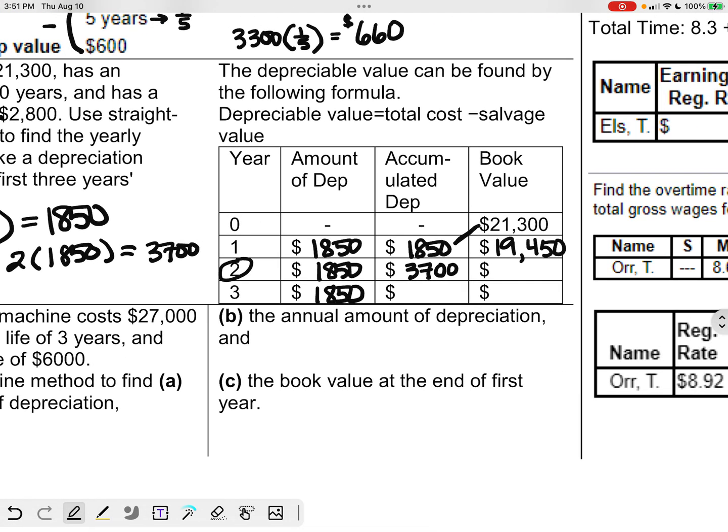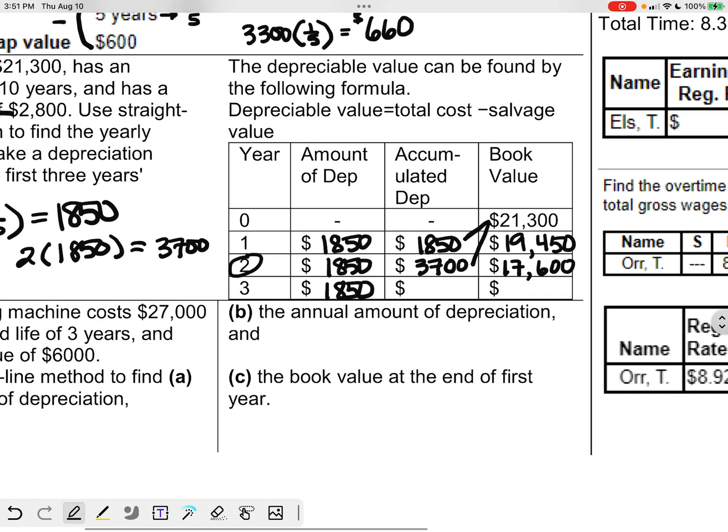And one more time, you're going to subtract. Whenever you subtract away that 3,700, you're at 17,600. Now, to be clear, make sure you subtracted correctly. You did the 21 minus the 3. Always go back to that original book value.